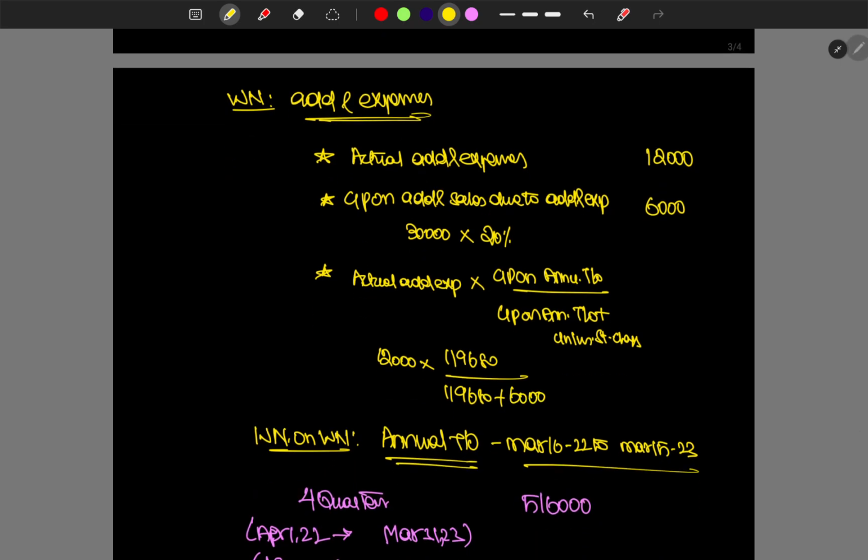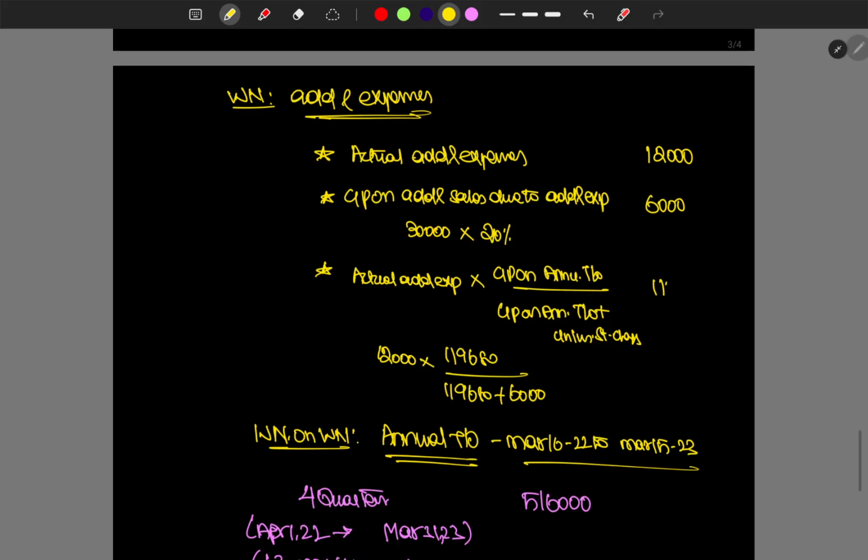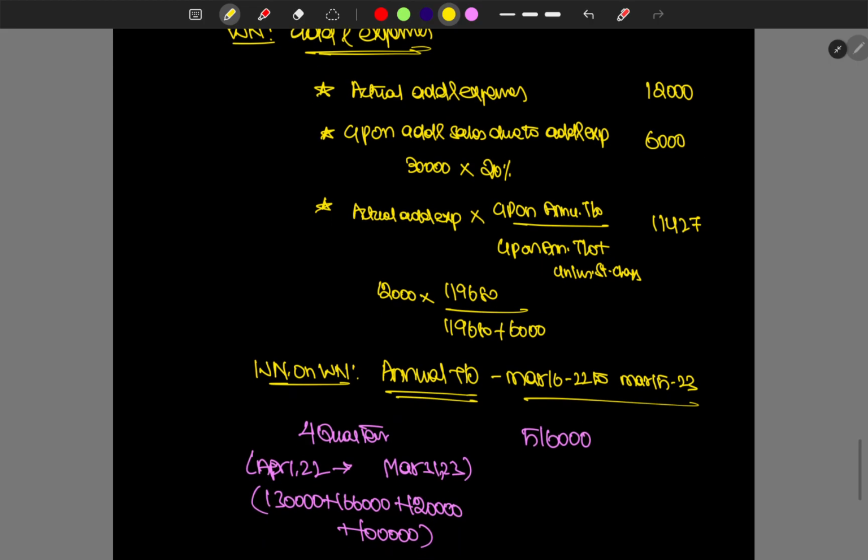Now let's calculate. 1,19,680 plus 6,000, which is 1,25,680. Then 12,000 into this whole amount, which is 11,427, is the amount for the third item.